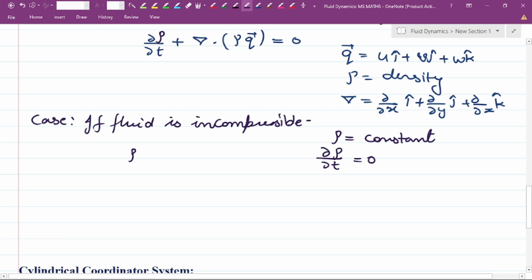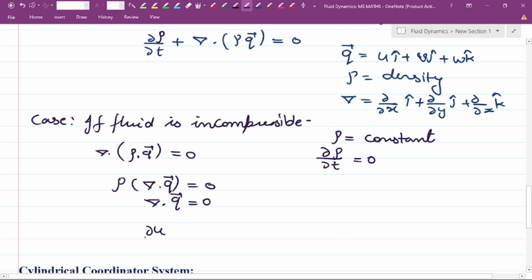Then rho times del dot q vector is equal to 0, so we can write that the divergence of q vector is equal to 0.